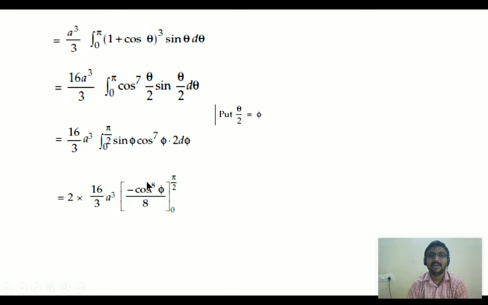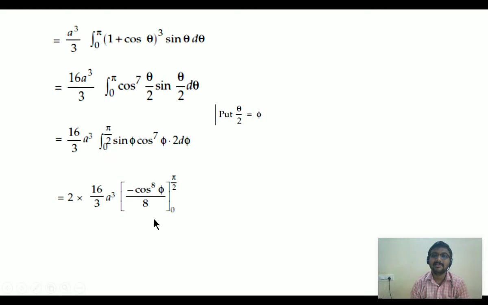Now we have a known formula. The formula is integral of f of x whole power n into f dash of x dx is f of x whole power n plus 1 by n plus 1. So using the formula, cos power 7, 7 plus 1 is 8, whole by 7 plus 1, 8. So the required result is negative cos power 8 phi by 8.